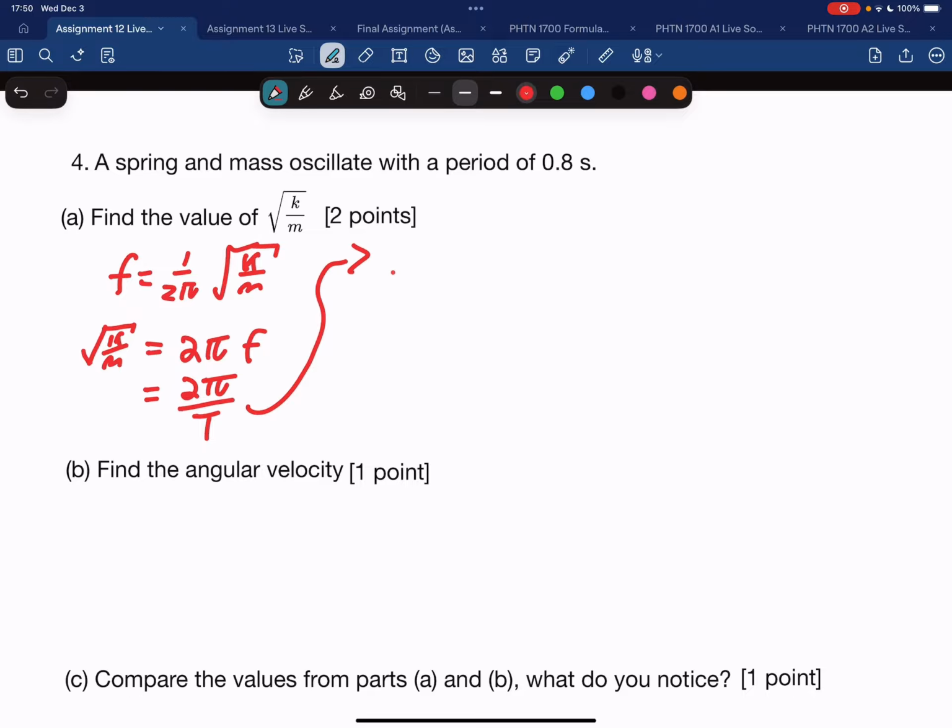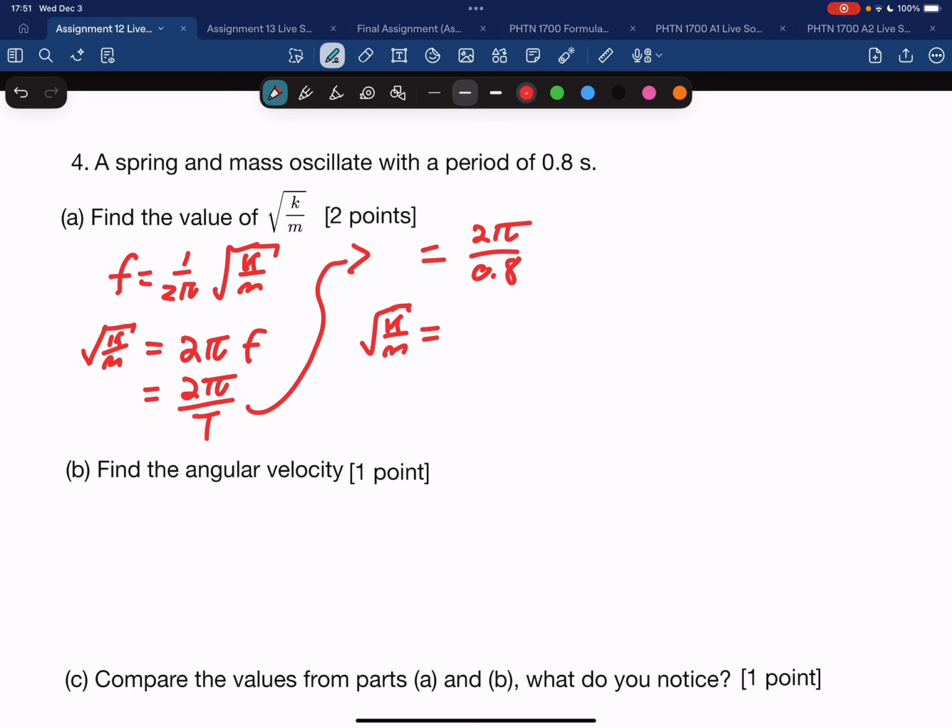So plugging in, I get 2 pi over a period of 0.8 gives me an answer for what my square root of k over m is equal to.